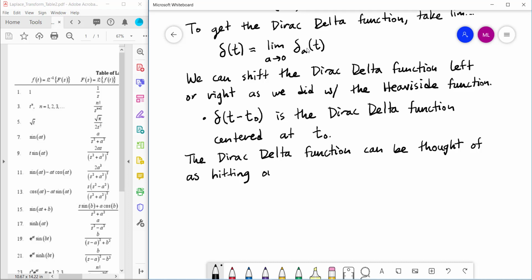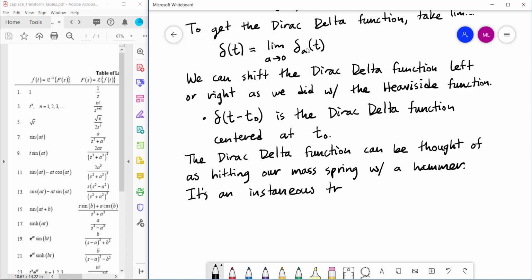So hitting our mass spring system, for example, with a hammer. It's an instantaneous transfer of momentum. Okay, so there's kind of the interpretations.